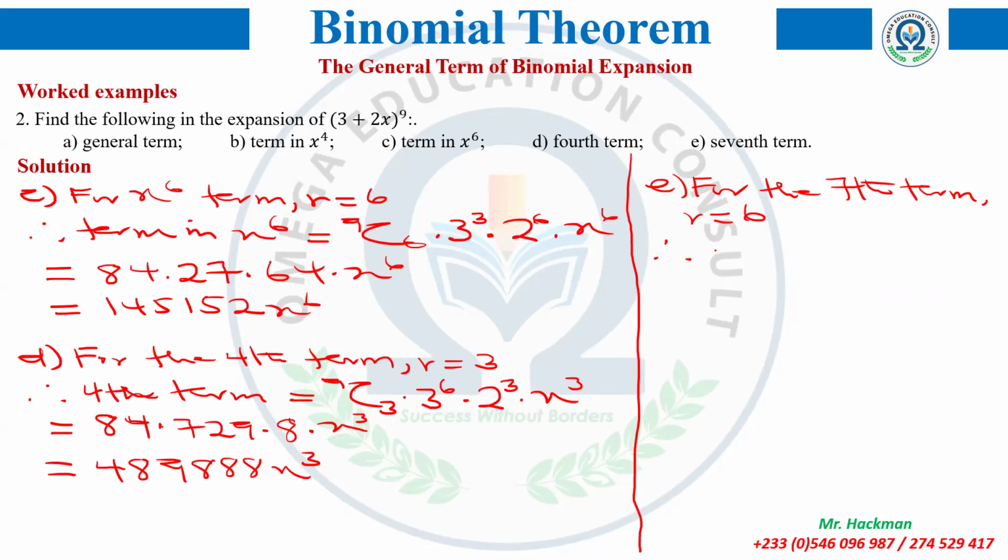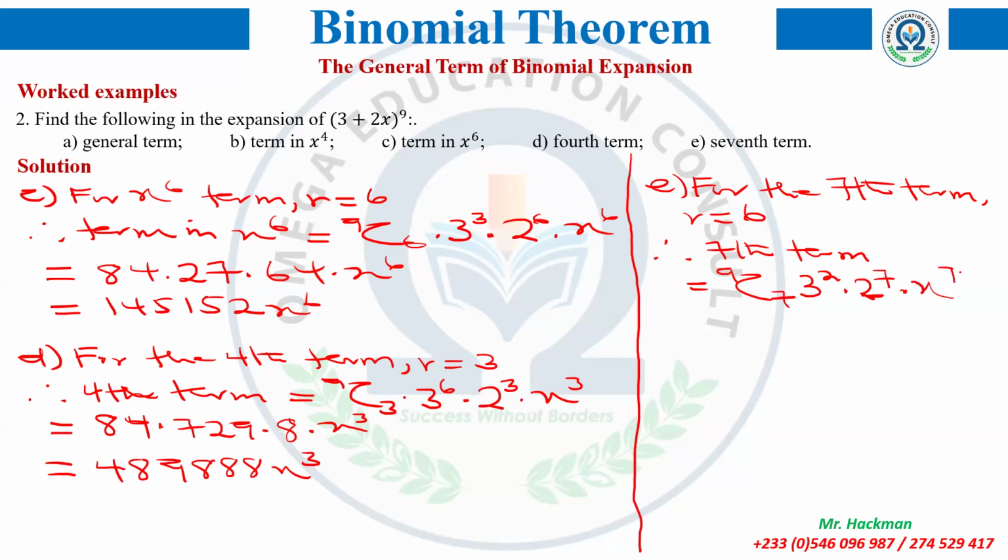So the seventh term will be equal to 9 combination 7, then 3 to the power 9 minus 7. 9 minus 7 gives us 2. Then times 2 to the power 7, then x to the power 7.